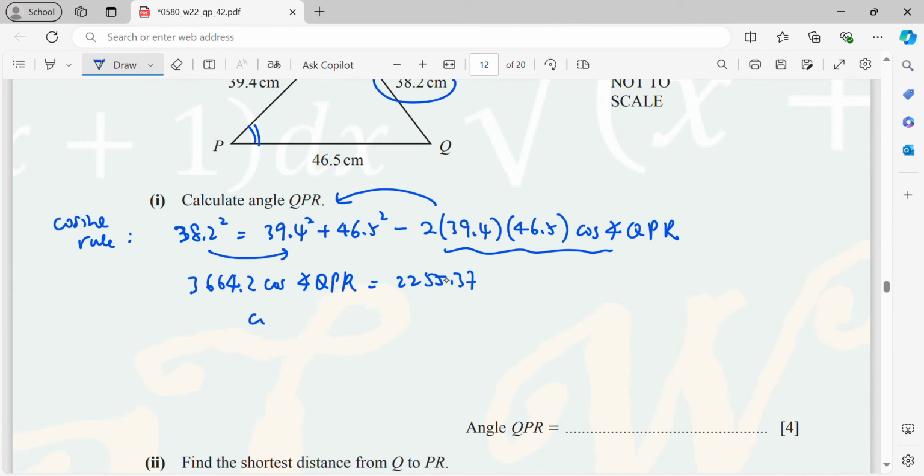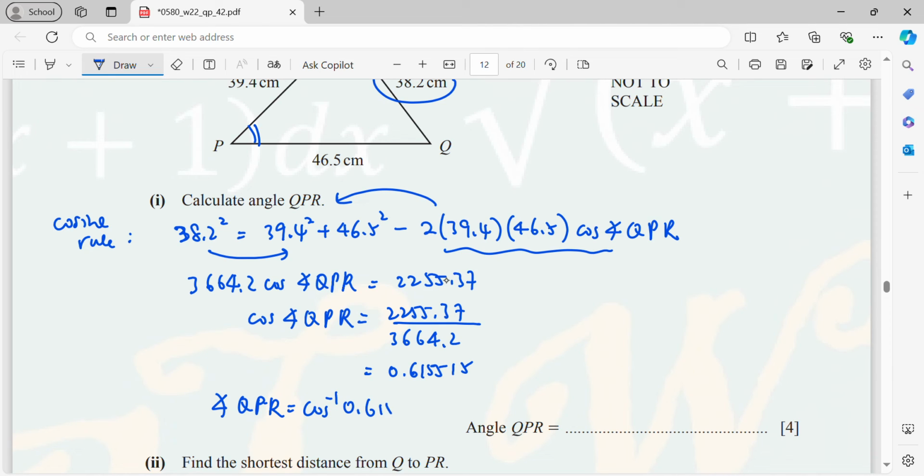Then you will be getting the cos angle, that is 2255.37 over 3664.2, and this is going to be 0.615515. I give more decimal places, and then now here you get the angle QPR as arc cos, and calculate this in degrees. So here it is going to be 52.0 degrees.